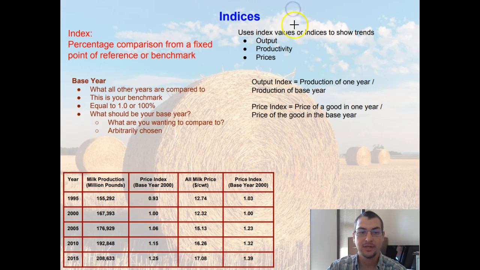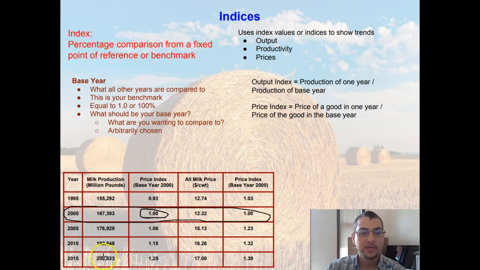So let's see what that looks like. Let's say that our base year is the year 2000. Year 2000 is our base year. And we can see right off the bat that, with this being our base year, the index is equal to 1.